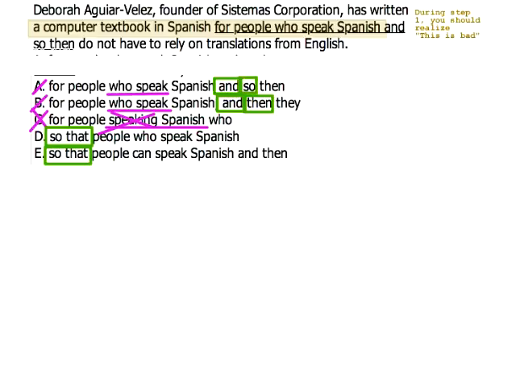Now notice, we've already eliminated A for reasons that are clear. But what we should think about for a moment is whether, because again, we need to be precise, let's ask ourselves whether this is a precise enough conveyance of the meaning that we want.